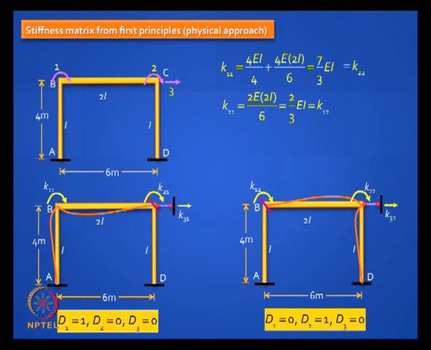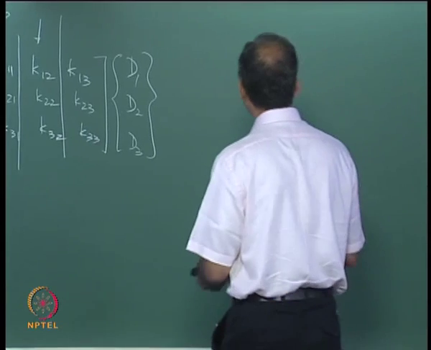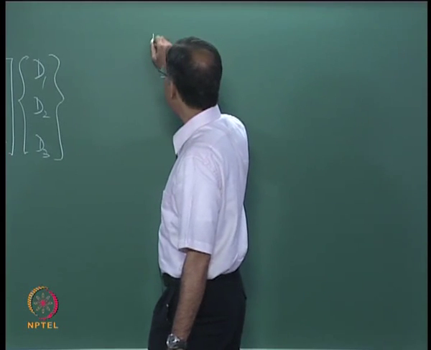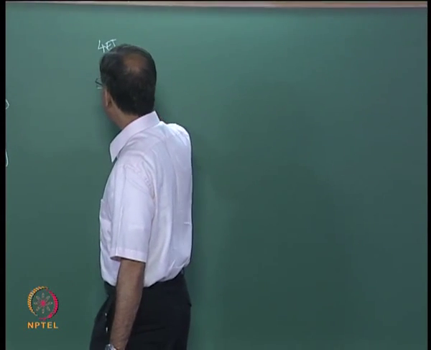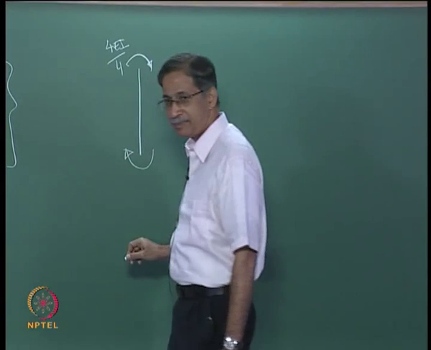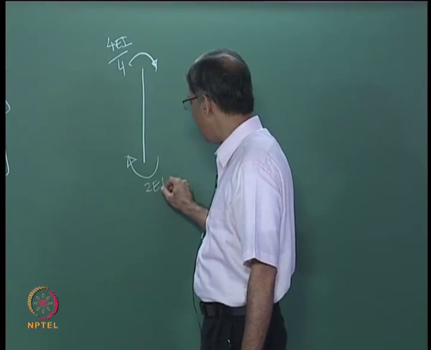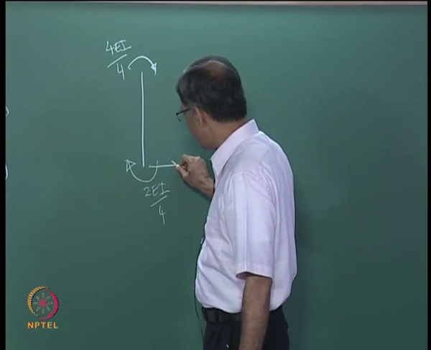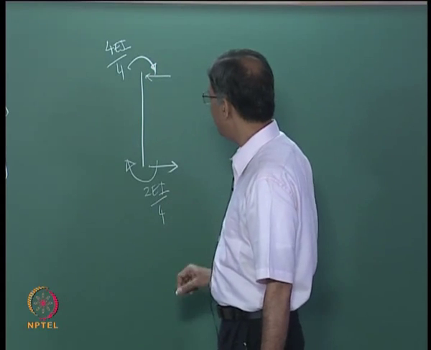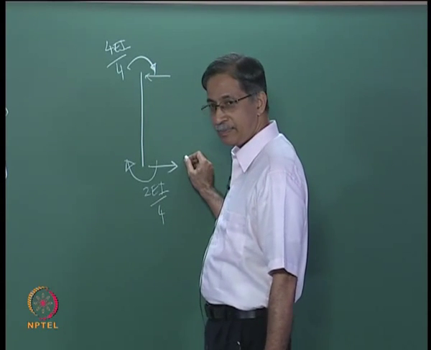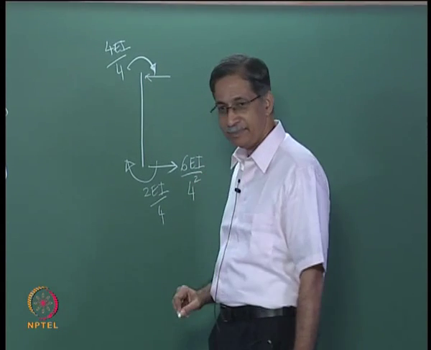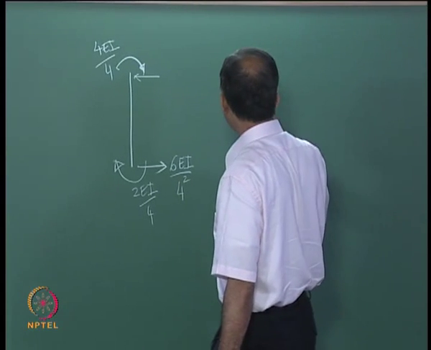So if you take that column, you had 4EI by 4, and what do you get here? 2EI by 4, and this will give you shears which are going to be equal to 6EI by 4 squared.